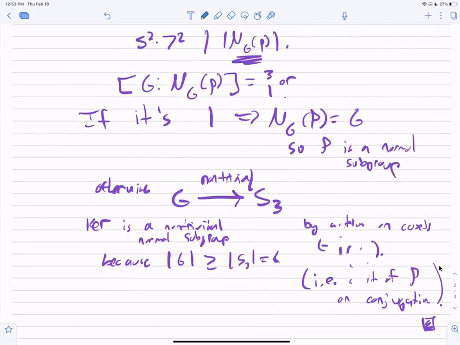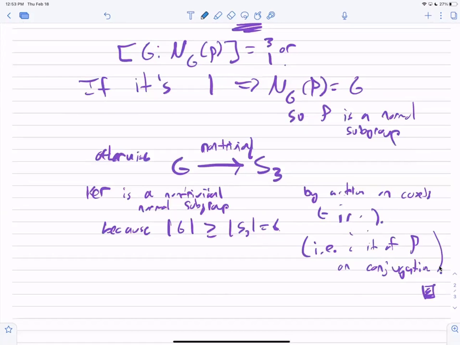So if it's index 3, then since 3 is the smallest prime dividing the order of the group, you could also deduce in that way that the normalizer itself was a normal subgroup. Yeah, great, thank you.